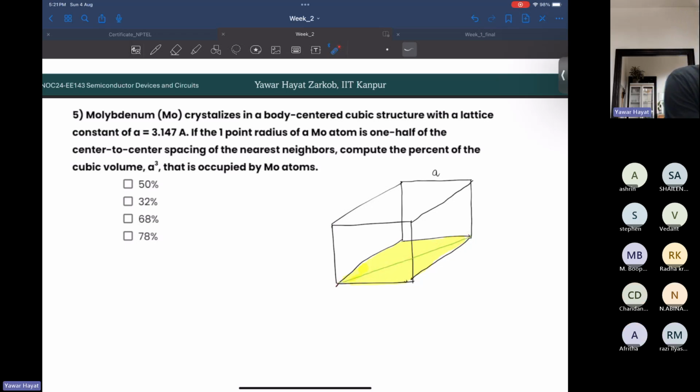All the edges in a cube are A, right? So this one is A, this one is A, everything is A, right? So this is a right angle triangle. This is A, this is A. Assume this is 90 degree, okay? What should this be?